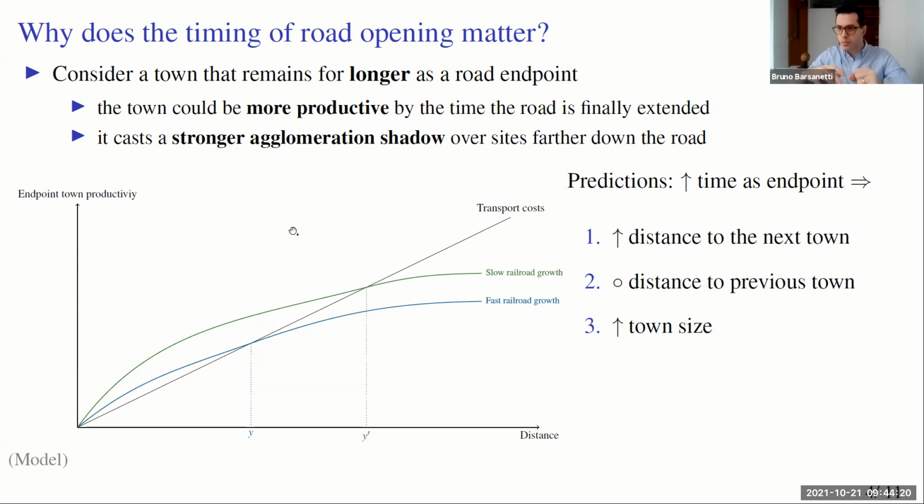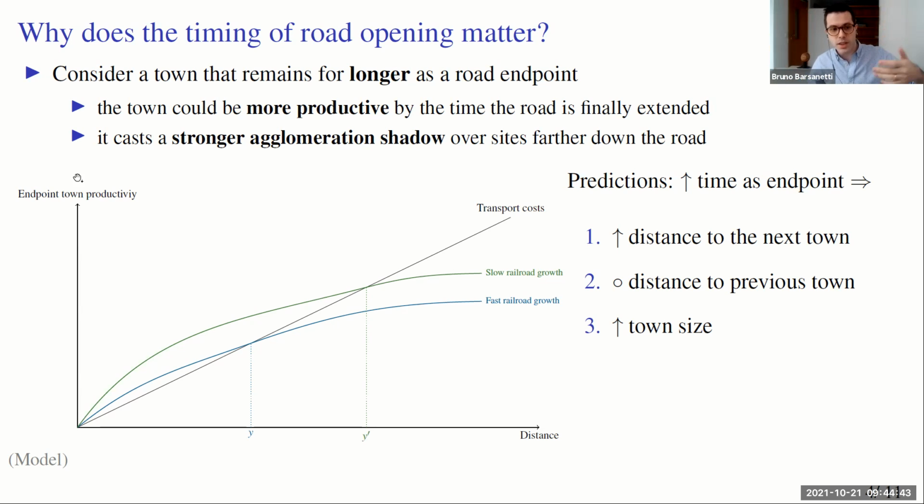Over time, new businesses are entering, these businesses are becoming more productive, and basically this implies that when the railroad is expanded, for a new town to emerge, the businesses there must be able to compete with the businesses from this previous endpoint town.